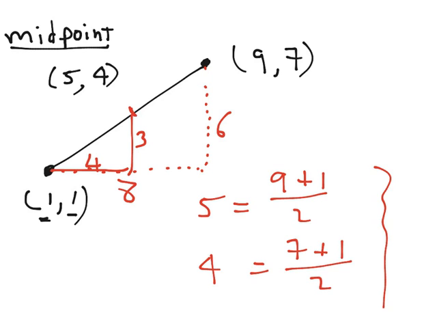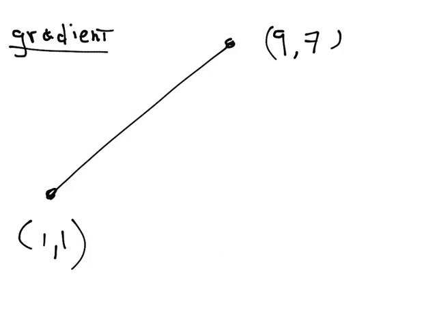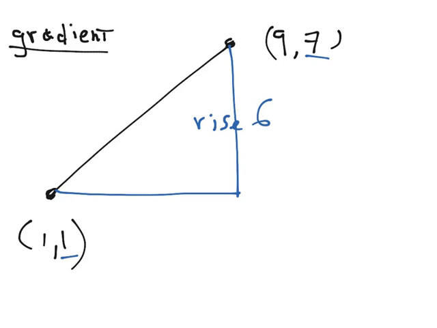What about the gradient of that line? Well, we know the gradient is just the rise over run. The rise in this one is 7 take away 1, which is 6, and the run is 9 take away 1, which is 8. So the gradient is equal to 6 over 8, which is 3/4.